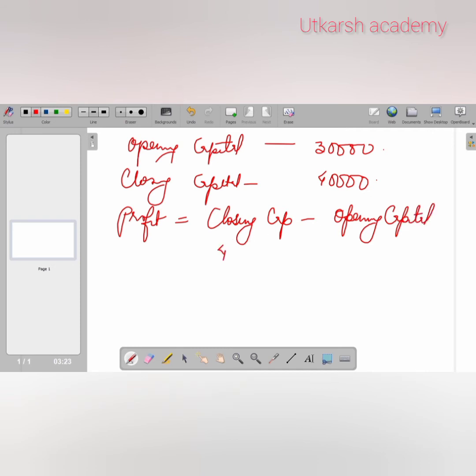So 40,000 minus 30,000. What will be the answer? 10,000. 10,000 is the profit. So these are the various types of questions which can be seen in exams. Hope it is very clear what type of questions can be asked in an exam.